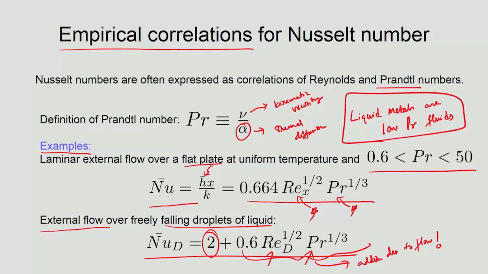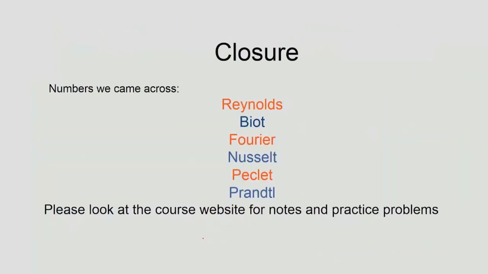Over these sessions in both fluid flow and heat transfer, we have come across a number of non-dimensional quantities. We came across the Reynolds number when we were looking at the scaling of the Navier-Stokes equation. We came across the Biot number when we wanted to see whether the lumped heat capacitance method is valid or not. We came across the Fourier number in that process, and we came across the Nusselt number because it comes out to be a simple number for many problems where the fluid flow is directly affecting the heat transfer.